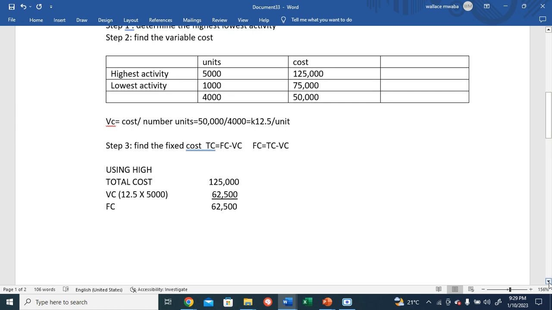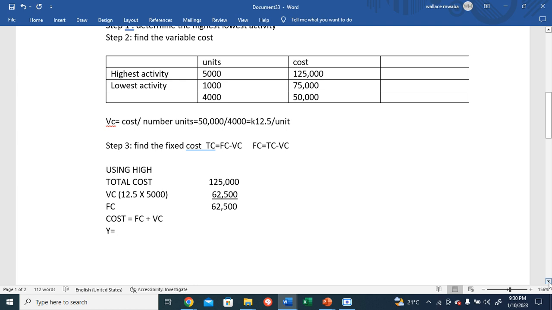We can make an equation for this, our cost function, which is fixed cost plus variable costs. I will make it like the equation of a line.